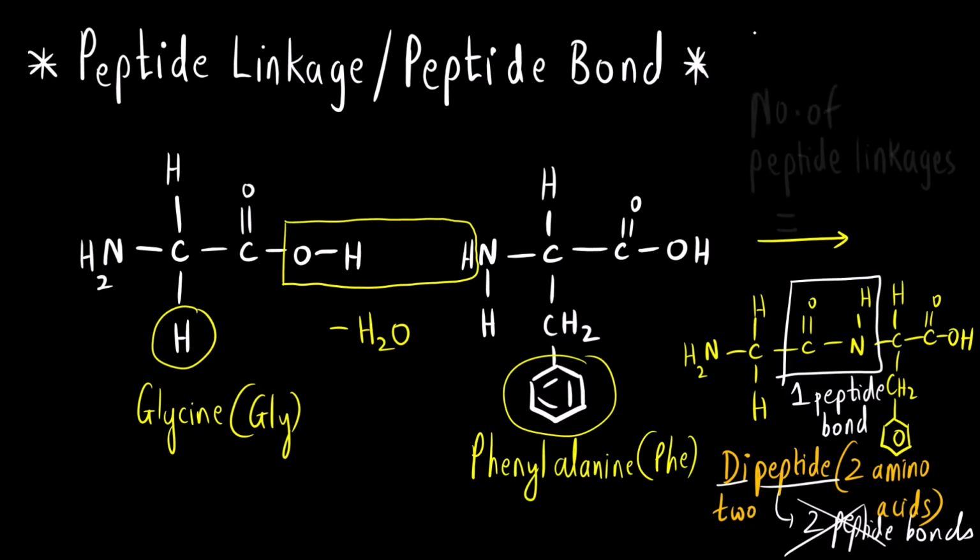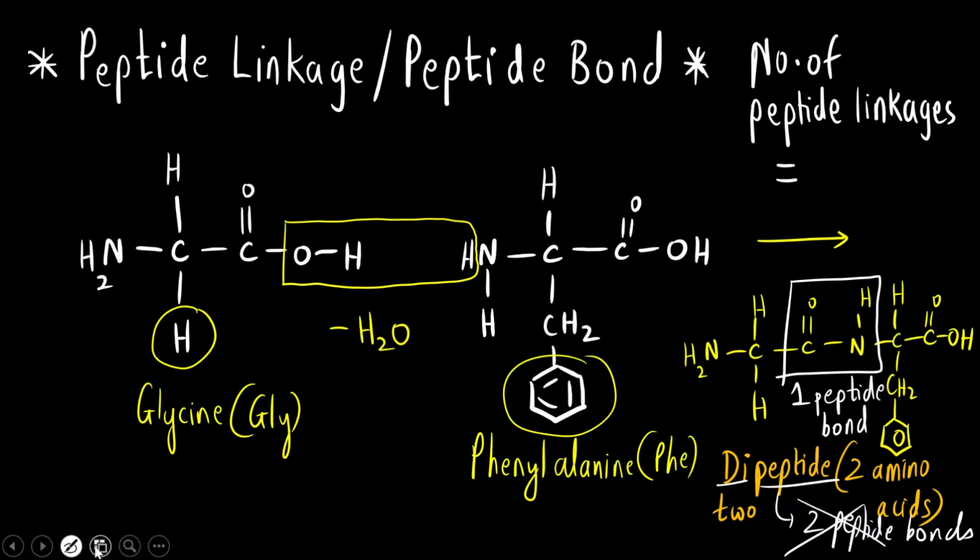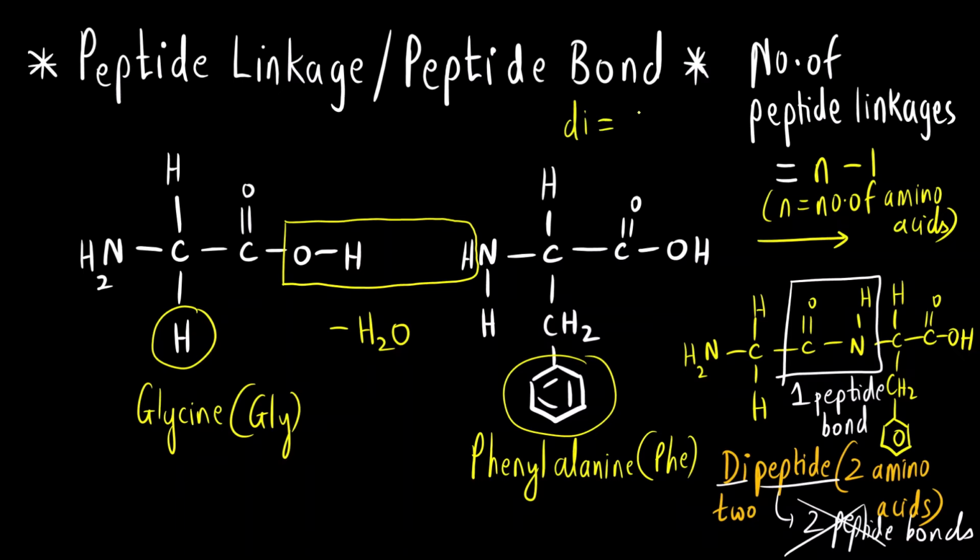So how do you find out the number of peptide linkages? The number of peptide linkages is n-1, where n is the number of amino acids. Dipeptide means there are 2 amino acids, so 2 minus 1, there will be 1 peptide bond. If I say tripeptide, there will be 3 amino acids, 3 minus 1, there will be 2 peptide linkages.